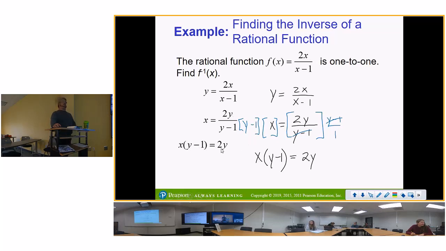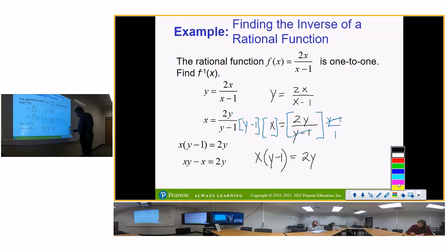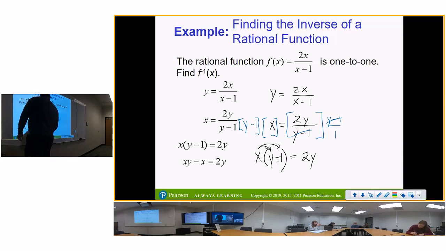I wanted to make sure. Yep, that's what I just did. Distribute the x because you can't do anything else, so you have to distribute the x. That gives you xy minus x is equal to 2y.